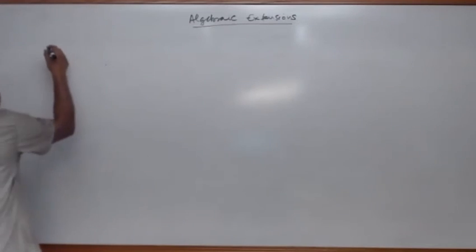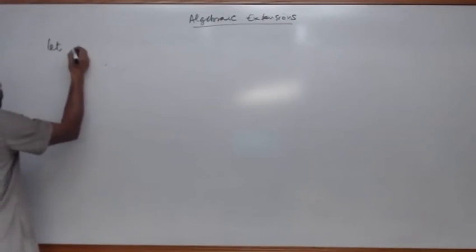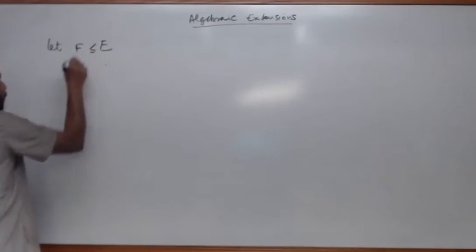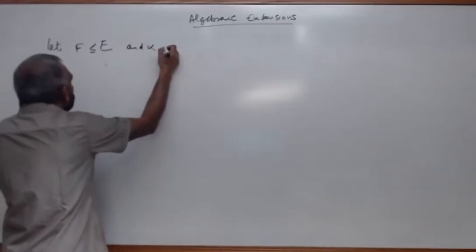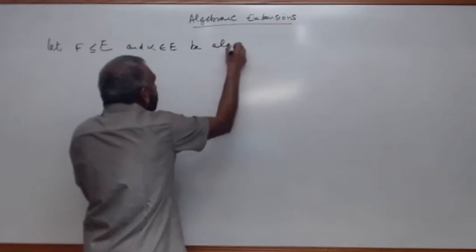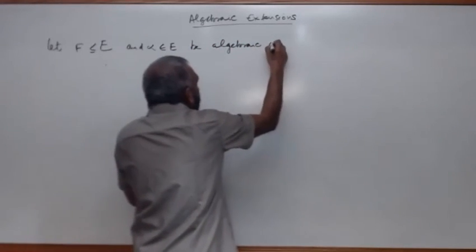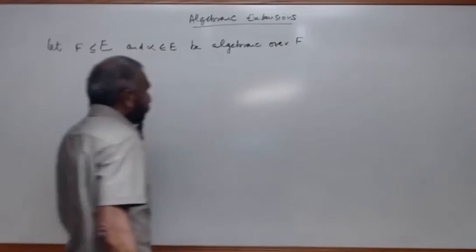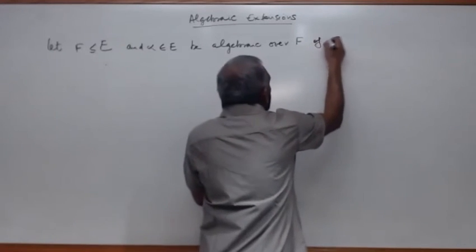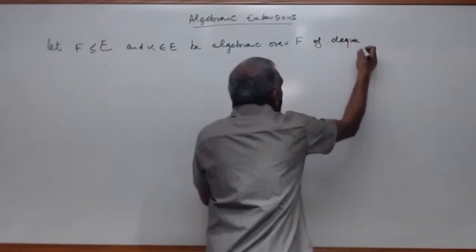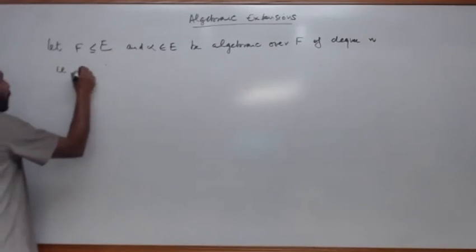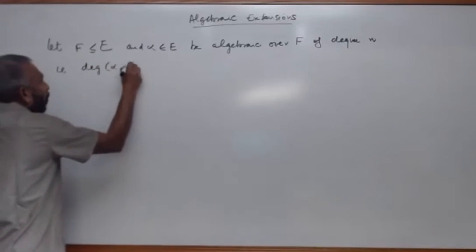So let E be an extension of F, and alpha belongs to E, be algebraic over F of degree n. That is, the degree of alpha over F is equal to n.